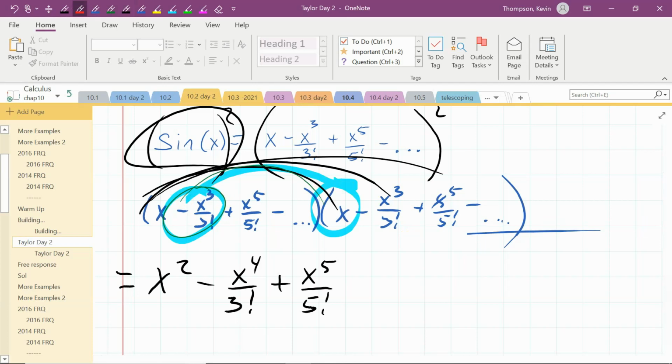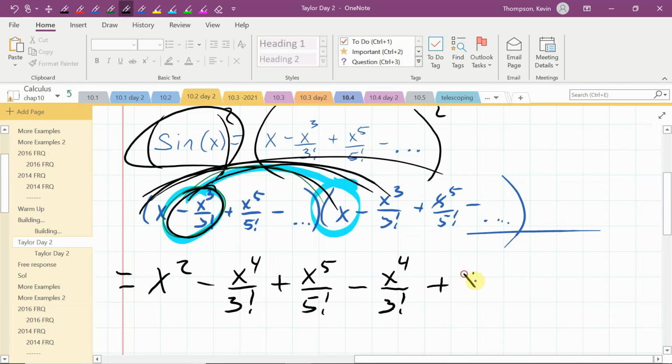But let's look at this next blue multiplication. It's going to be a minus x to the fourth over 3 factorial, isn't it? And then if I go one more, do you notice that's a plus x to the sixth over 3 factorial times 3 factorial? Just multiplying the fractions.